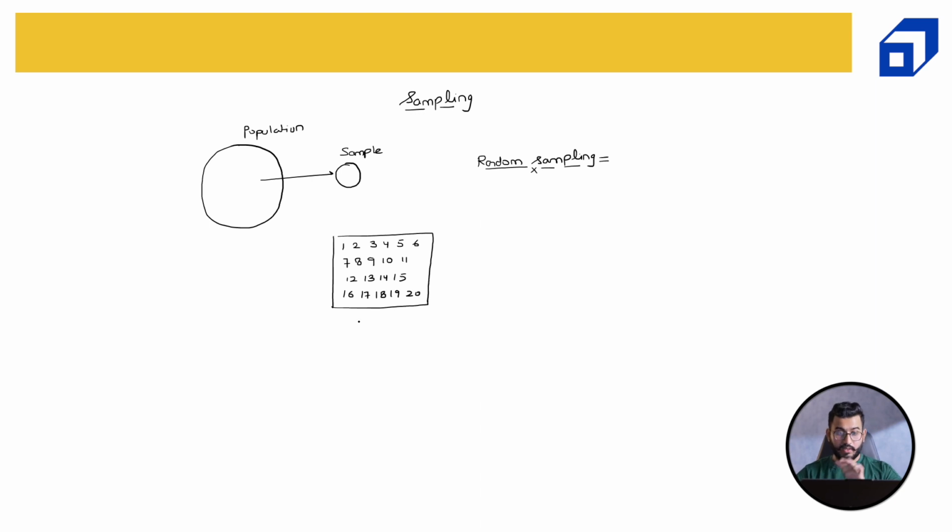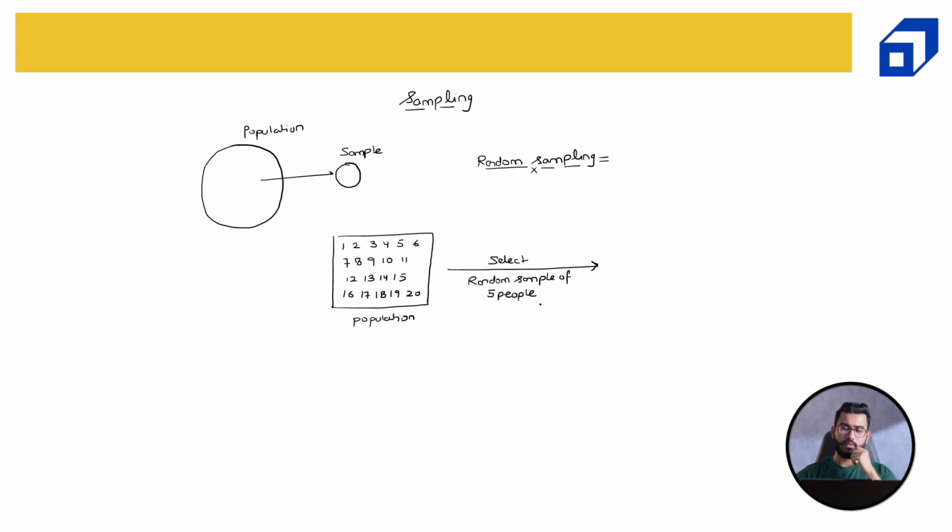So I'm having a population of 20 people, and the roll numbers of the 20 people are written over here. Now I have to select a random sample of 5 people.